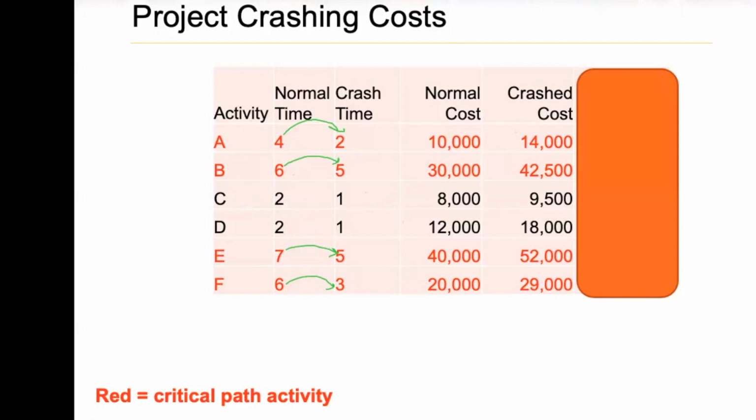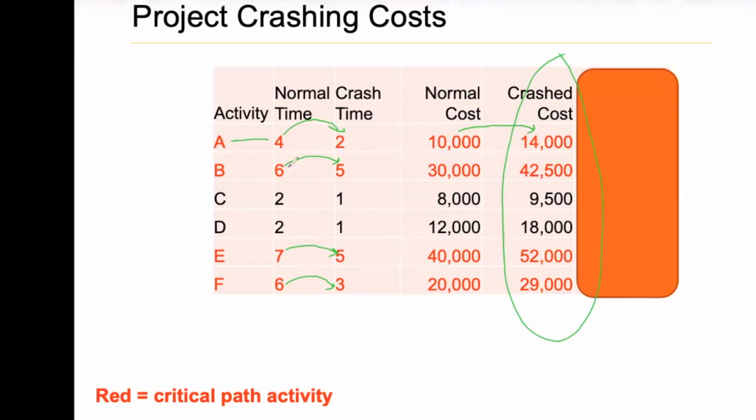Okay, and this is my crash cost. What does that mean? When I crash activity A from 4 to 2, my cost will increase from 10 to 14.